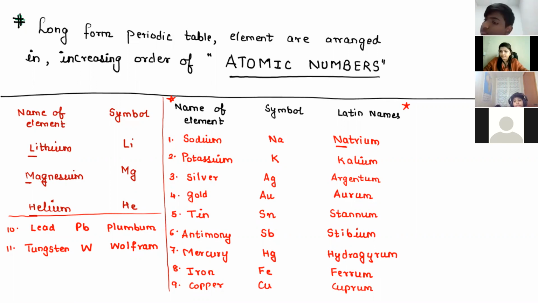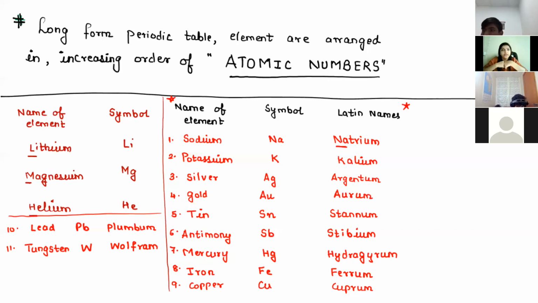So have you got a better understanding about the periodic table? By looking at the elements, we can identify whether it's a metal or a non-metal, which group and which period it is in, what its atomic number is, and what its atomic mass number is.